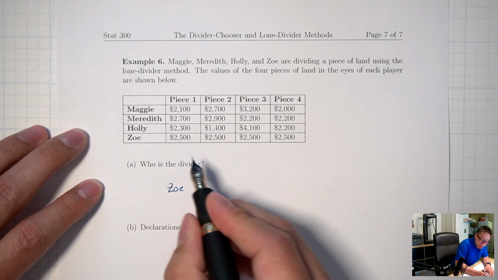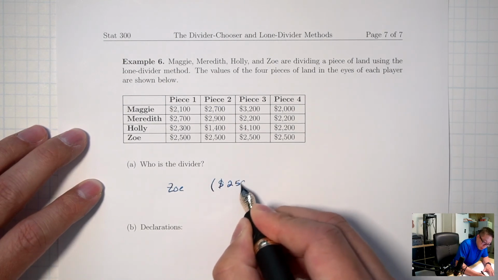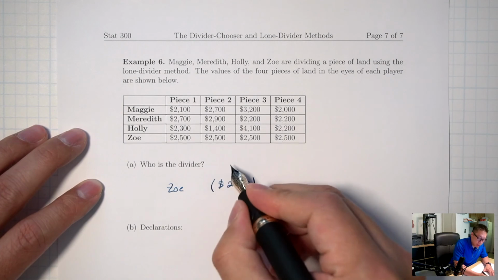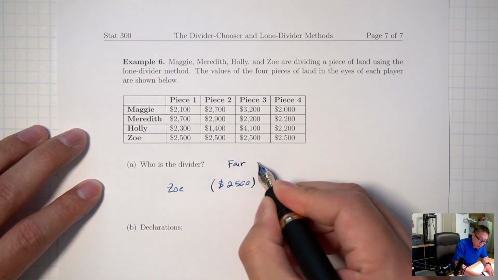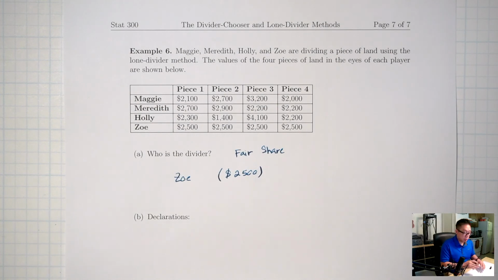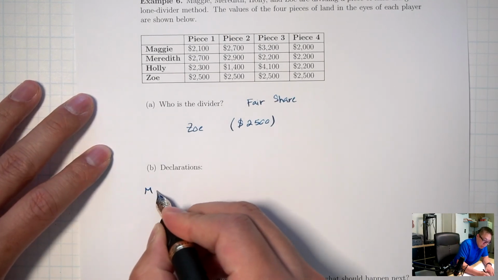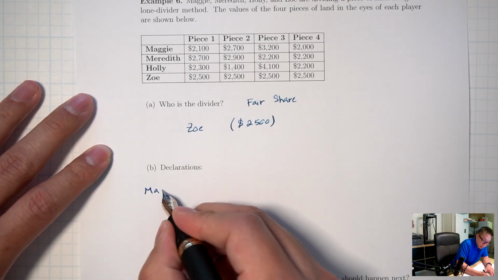And I'm going to make note of her value on each piece, because that's important. That's the fair share number for everybody. So everybody deserves $2,500 worth of land or more. Now for each person, we're going to list out each piece that they would accept.